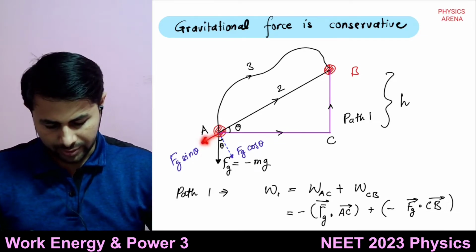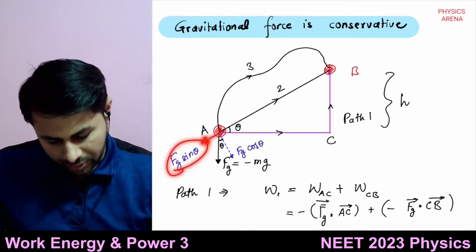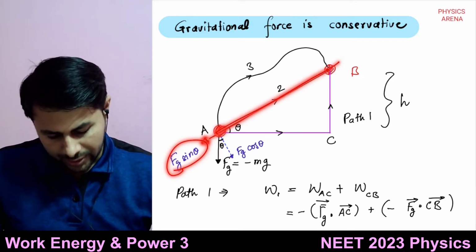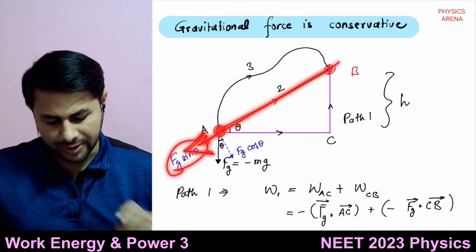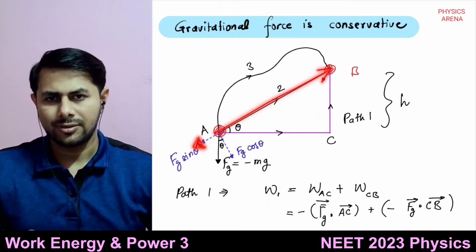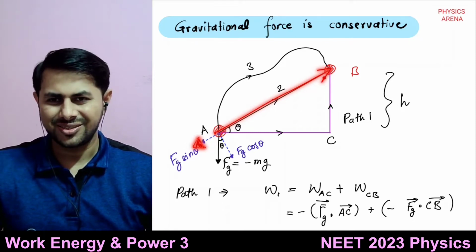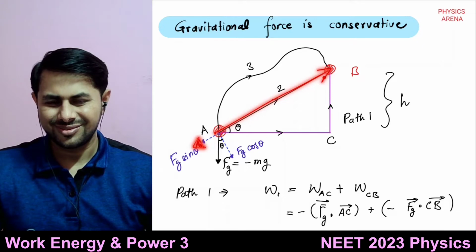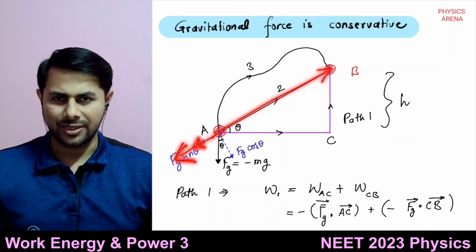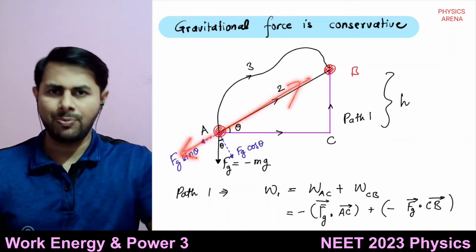We are finding work done against this component of gravitational force to move this object along this path. This component is acting in this direction, and we are moving it in the opposite direction.